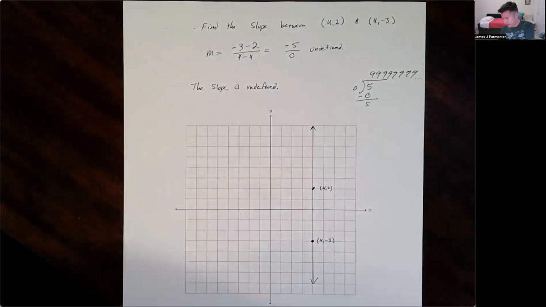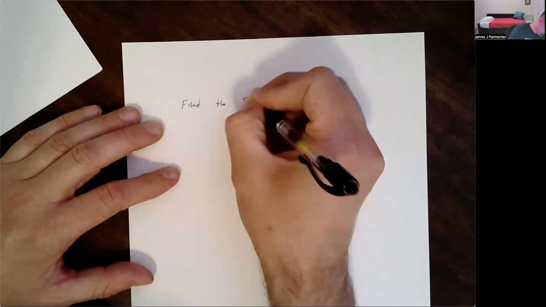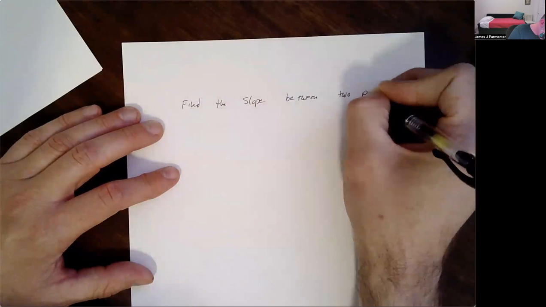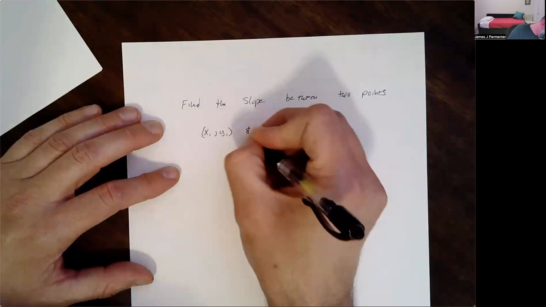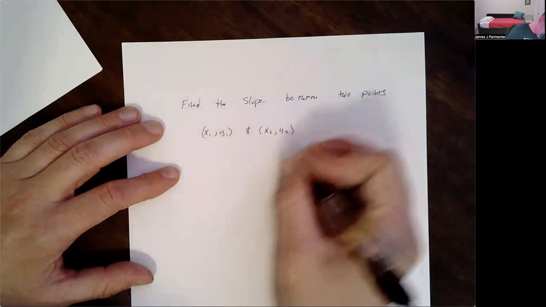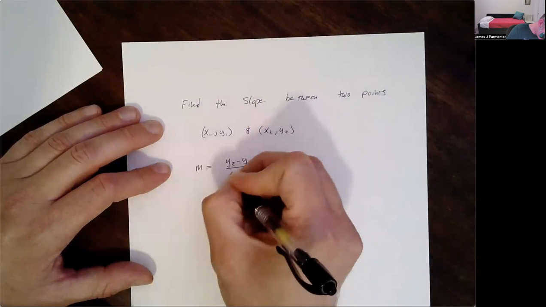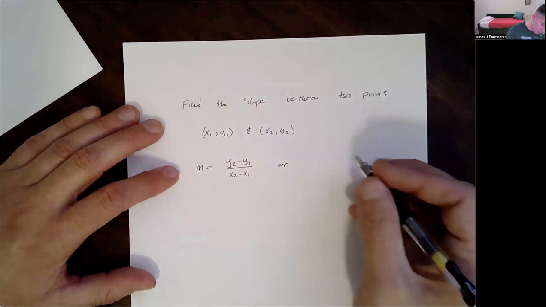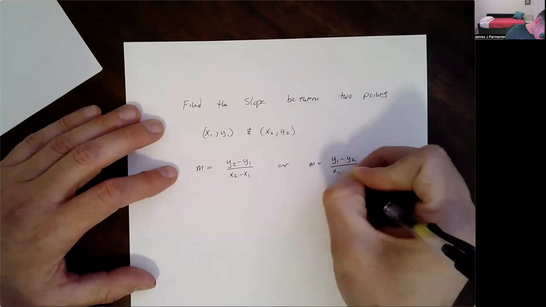I just want to point out that if you're finding the slope between 2 points, x1, y1, and x2, y2, you can either get the slope is equal to y2 minus y1 over x2 minus x1, or equivalently, it's still just as good, the slope is y1 minus y2 over x1 minus x2.